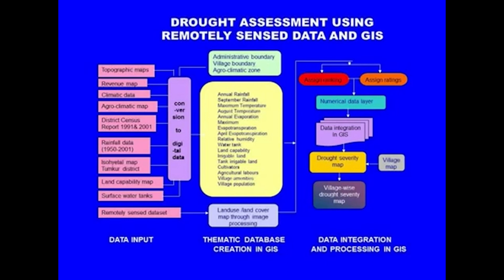Followed by this, the village boundary maps have been digitized, and along with them the village IDs also have been stored, so that a distinct location to each area can be given.